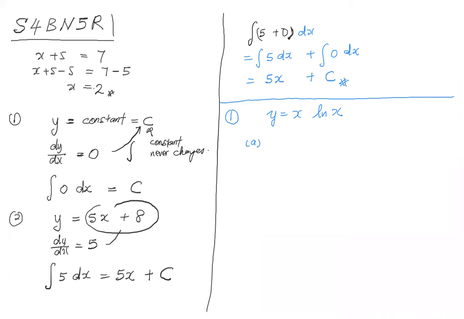Okay, so when we use the product rule, it will be dy dx is equal to v u prime plus u v prime. So simplify this.